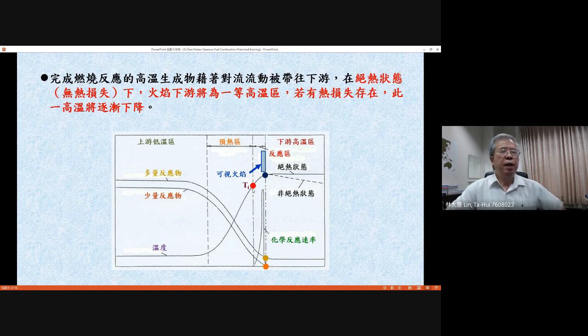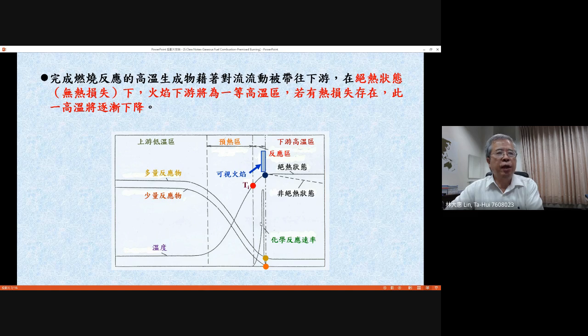That means most of the reactants will be dissociated or pyrolyzed into active species, and those active species will have a higher concentration in the reaction system. Since those active species can react together, this zone we call the chemical reaction zone.